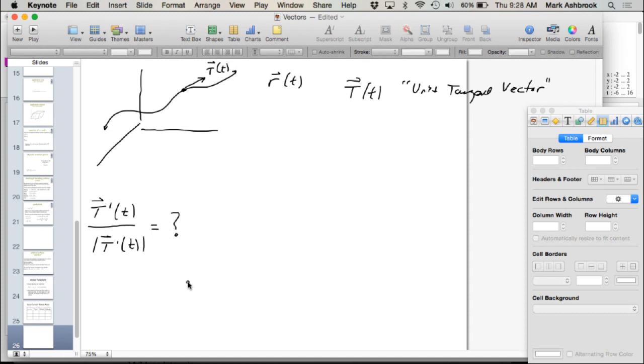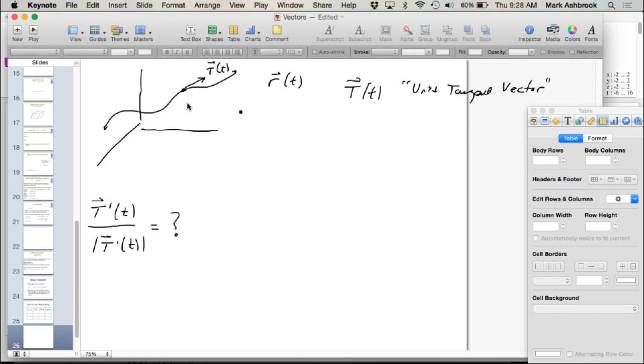What would give us that? So what's the magnitude of T? 1. And it's always 1. For all little t, it stays magnitude 1. So we're talking about a rate of change of T, and its magnitude is always 1. Then what does that rate of change have to do with? Direction only, right? If it's maintaining a magnitude of 1, then the rate of change of capital T has to be talking about the direction.